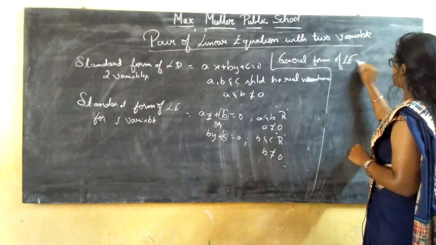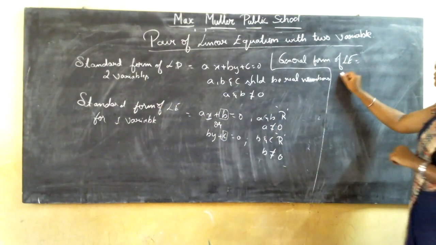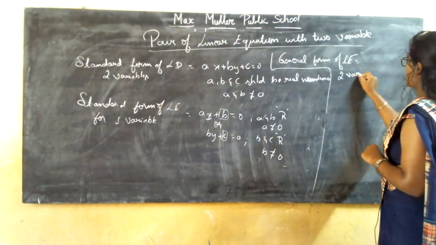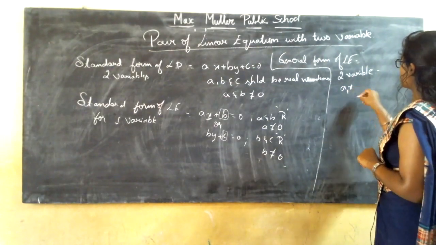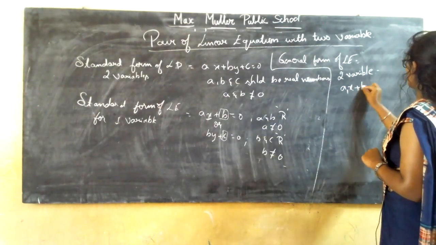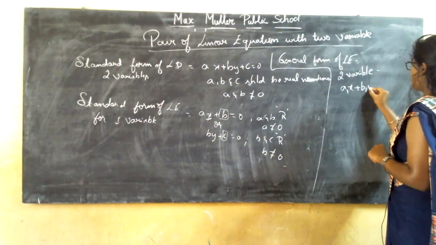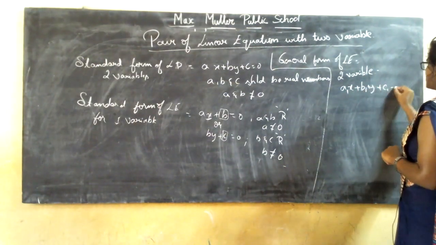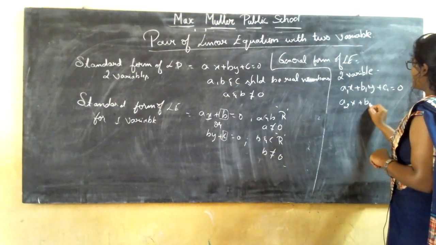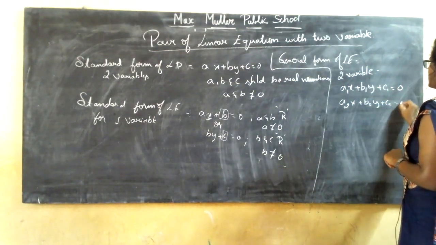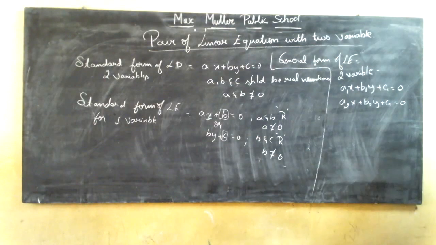The general form of linear equations in two variables, where you do not have one variable, it is of two variables, which is given as a1x plus b1y plus c1 is equal to 0, and a2x plus b2y plus c2 is equal to 0. So what is the condition here?